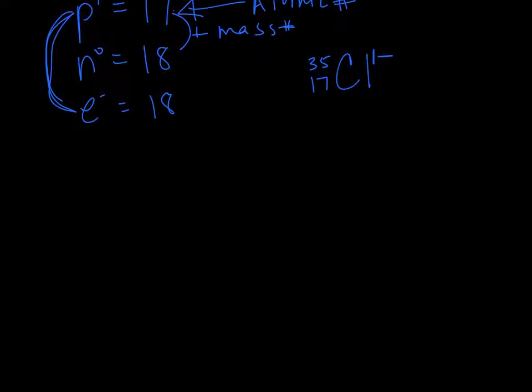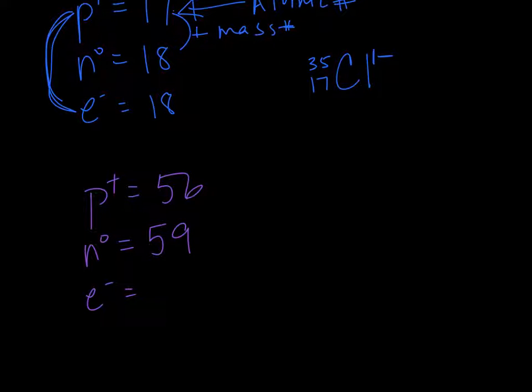All right, so let's say that I have 56 protons. So my protons equals 56. My neutrons, let's make that equal to 59. And then my electrons are going to be 54. And so if I look for number 56 on the periodic table, that's going to be barium.